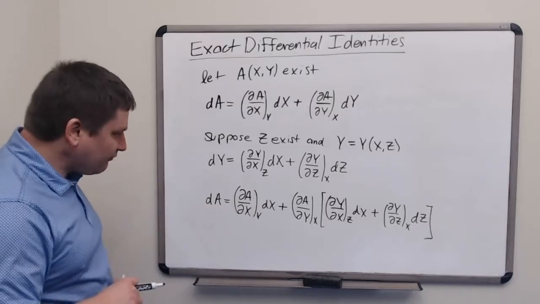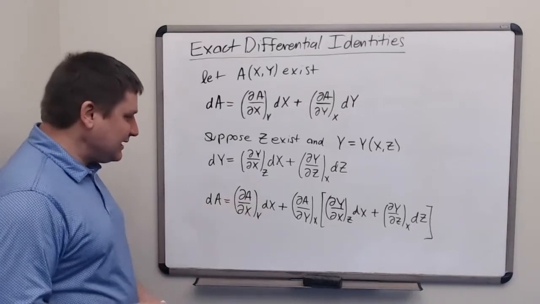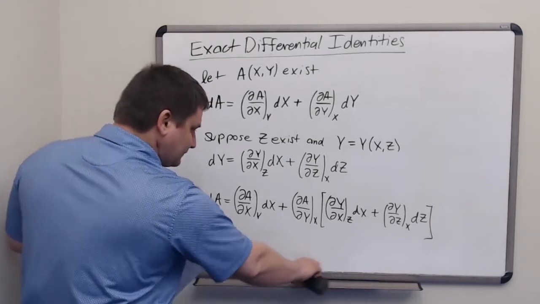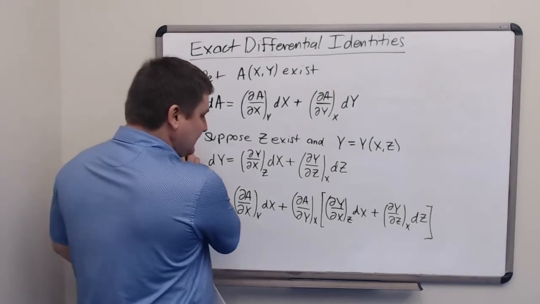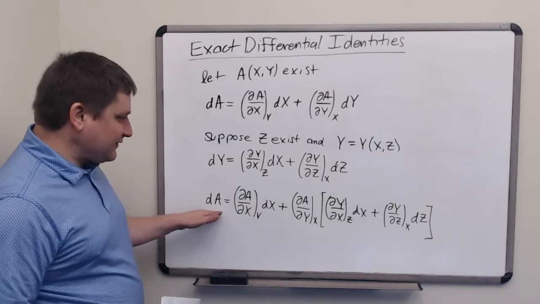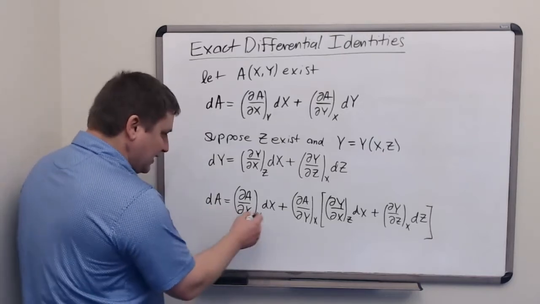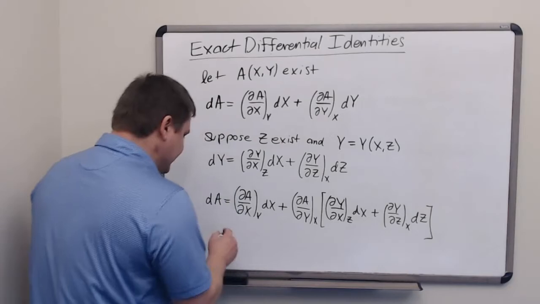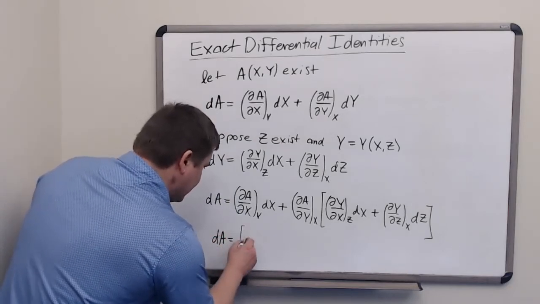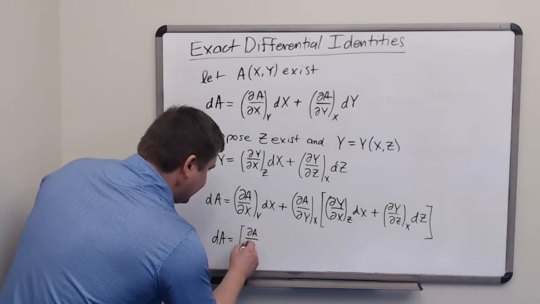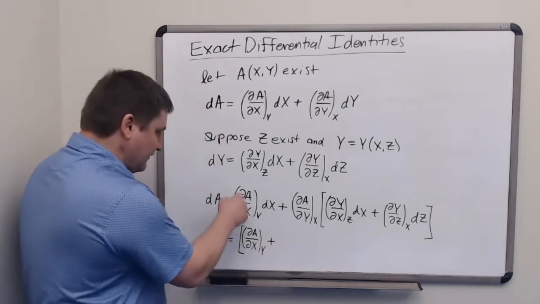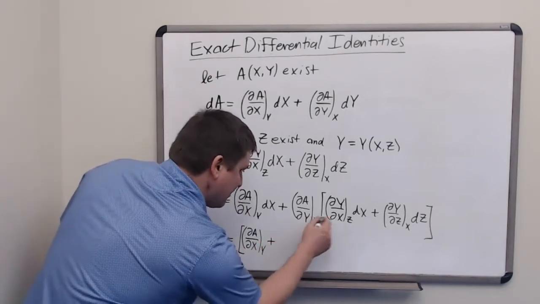Now, this is all totally consistent. There's nothing really going on here. But where we're going to get our identities from is realize now that this is an expression for dA in terms of dx and dz. So let's rewrite that here at the bottom and collect these terms. The ones that are multiplied by dx are the first one and the product of these two.